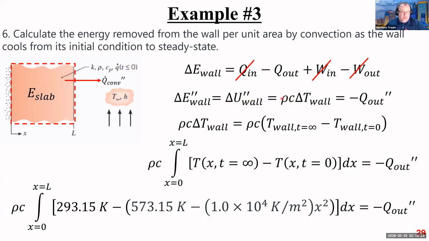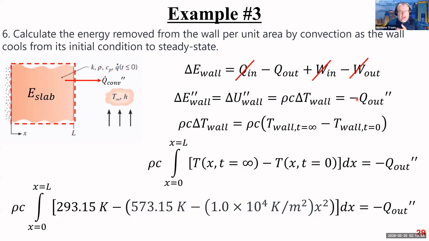So rho times C. Remember before I said, okay, C_p is given, but it doesn't really matter whether it's C_p or C_v because for a solid, C_p and C_v are equal to each other, just C. And then here's the change in temperature of the wall. So this is now my energy per unit area term, and then that equals my heat term, again per unit area, right? So that's just this guy leaving, right?